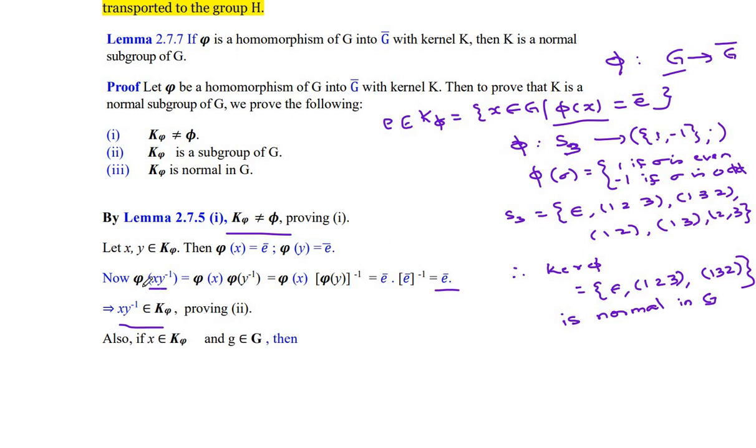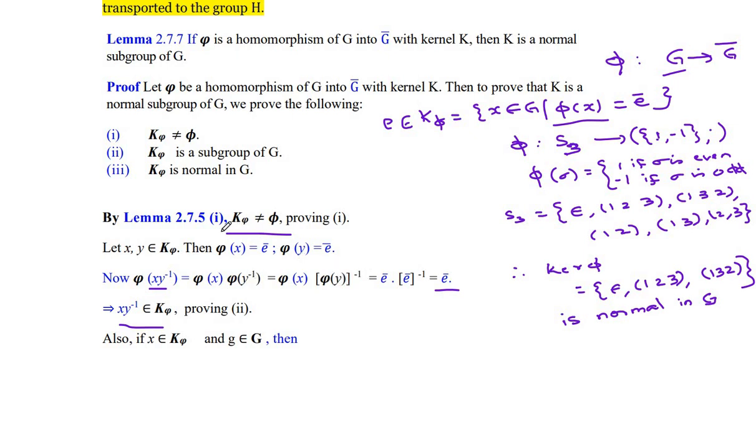So we consider phi of xy inverse. Because phi is a homomorphism, we can write it as phi of x into phi of y inverse. But again, because phi is a homomorphism, we have this to be phi of y, the whole inverse. The image of any inverse of an element is the inverse of the image of the element.